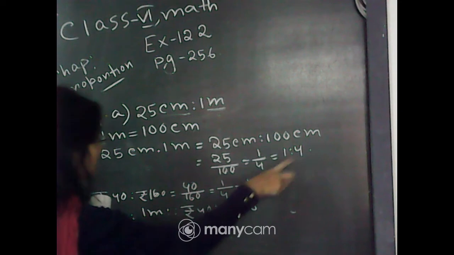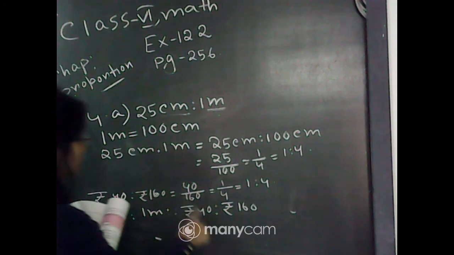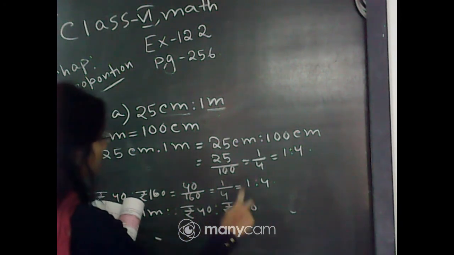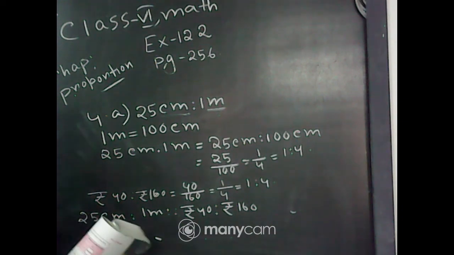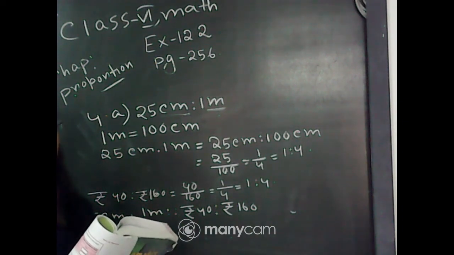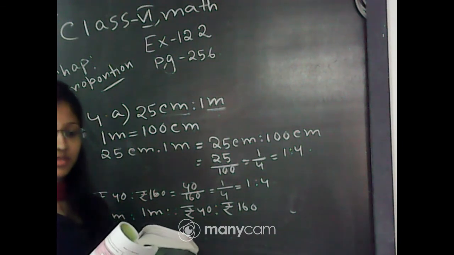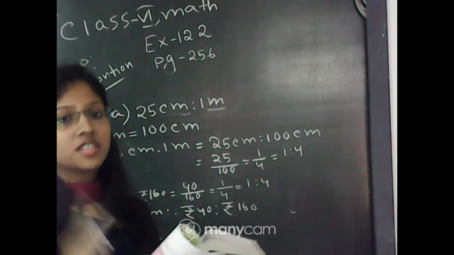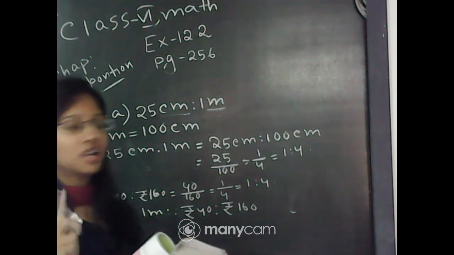And we know that in a proportion, the first and fourth terms are the extreme terms, and the second and third terms are the middle terms.